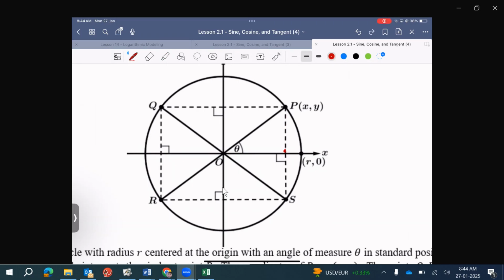This vector here is going to be y, this vector here is going to be y, and these two here are going to be -y.